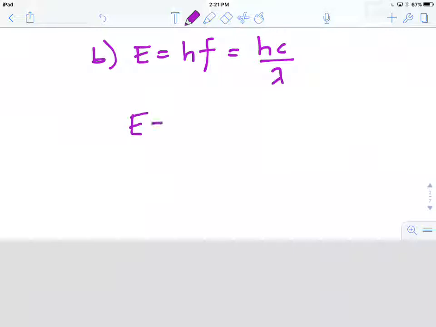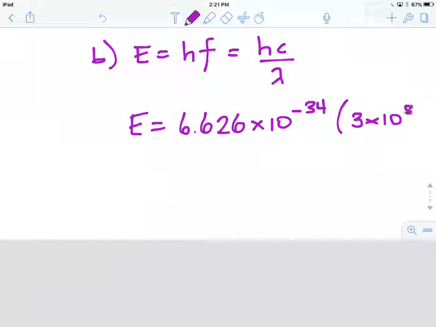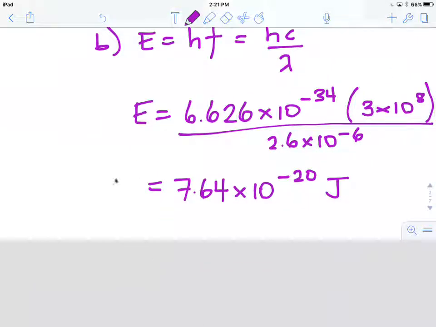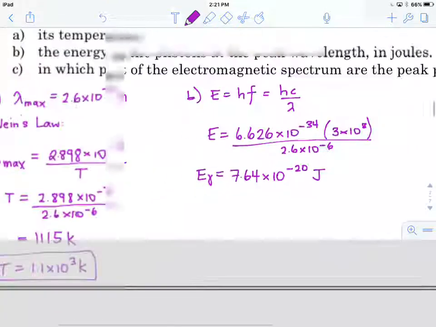So the energy of these photons is equal to h, which is 6.626 times 10 to the negative 34, times c, 3 times 10 to the 8th meters per second, divided by the peak wavelength, 2.6 times 10 to the negative 6, and we get an energy of 7.64 times 10 to the negative 20 joules. So that's how much energy these photons have.